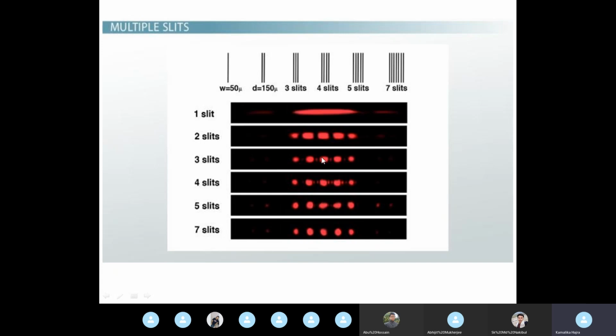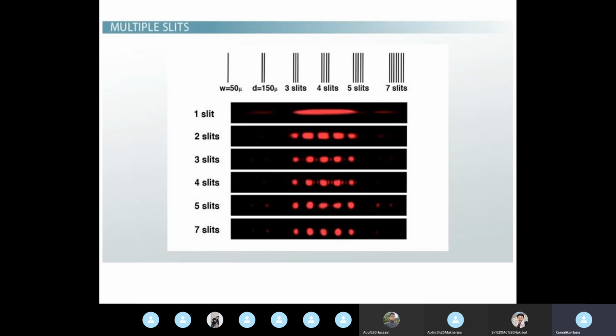And then they have gone on to 3 slits, 4 slits, 5 slits, 7 slits, etc. Resolution is not very good, but this is typically how the pattern changes when you change the number of slits, and intensity is given by the general term, where you just have to change the value of capital N to get the intensity at that particular setup.